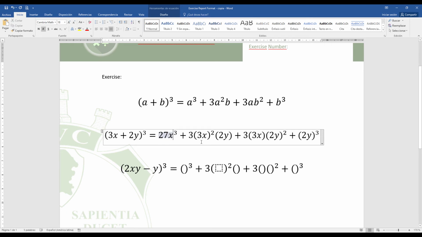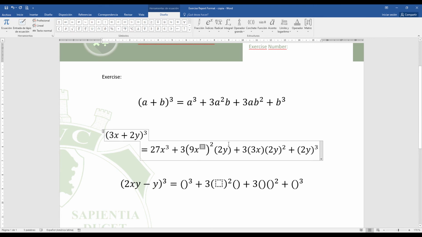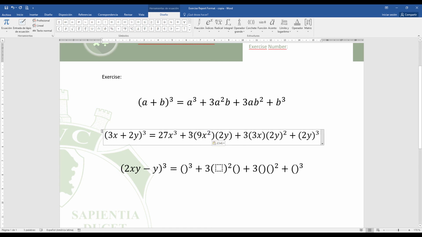Now this is 3x squared. Here is 9x squared. And now you need to multiply 3 times 9 times 2.